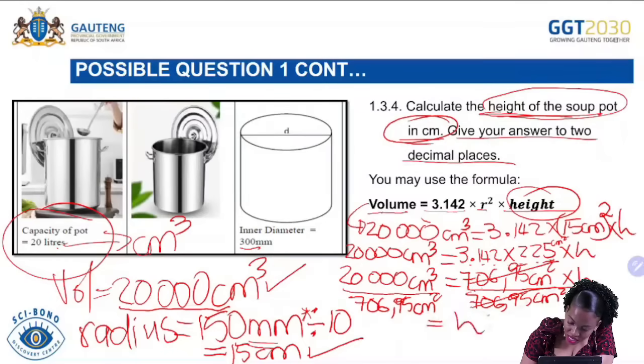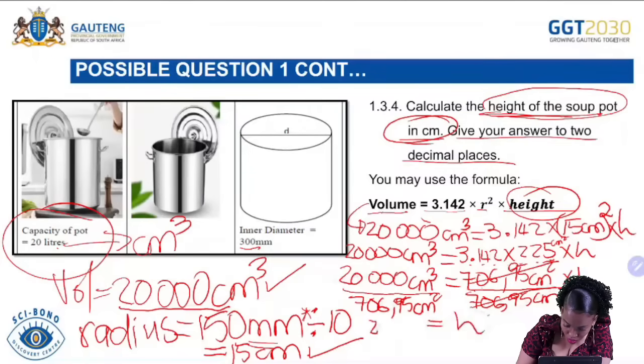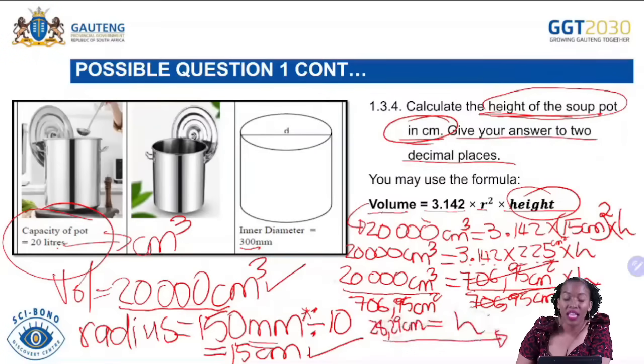You are left with h this side, and we say 20,000 divided by 706.95. The answer is 28.29 centimeters. That is our value of h. It is in centimeters because centimeters cubed divided by centimeters squared gives us only a centimeter.